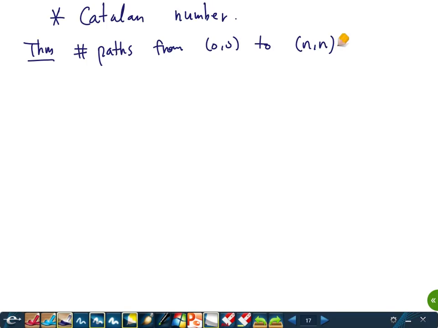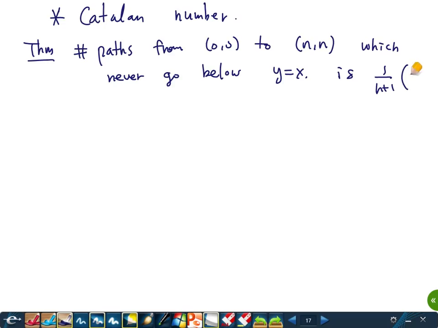If I stop here, then the answer will be 2n choose n. But we want paths which never go below the line y equals x. So this number is 1 over n plus 1 times 2n choose n. So the number of paths satisfying this condition is equal to this. This is called the Catalan number. This is a very interesting number which appears very often in combinatorics.